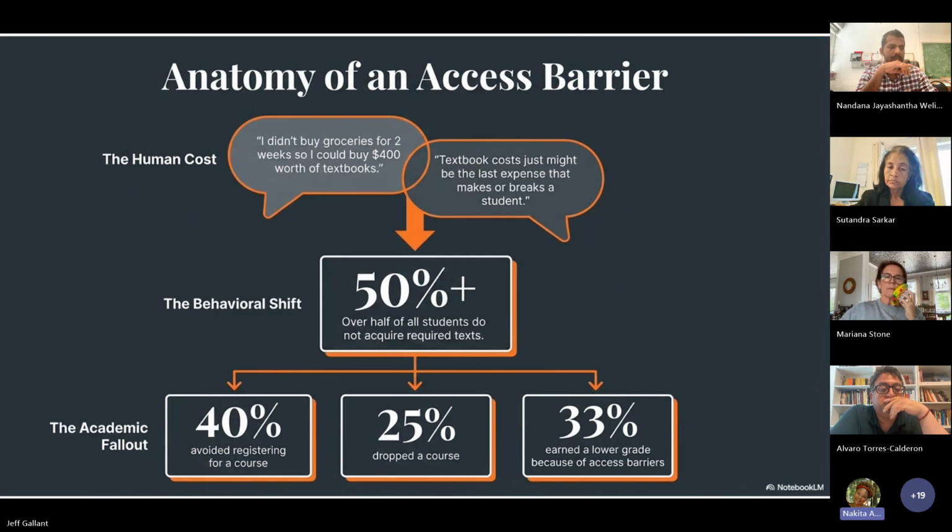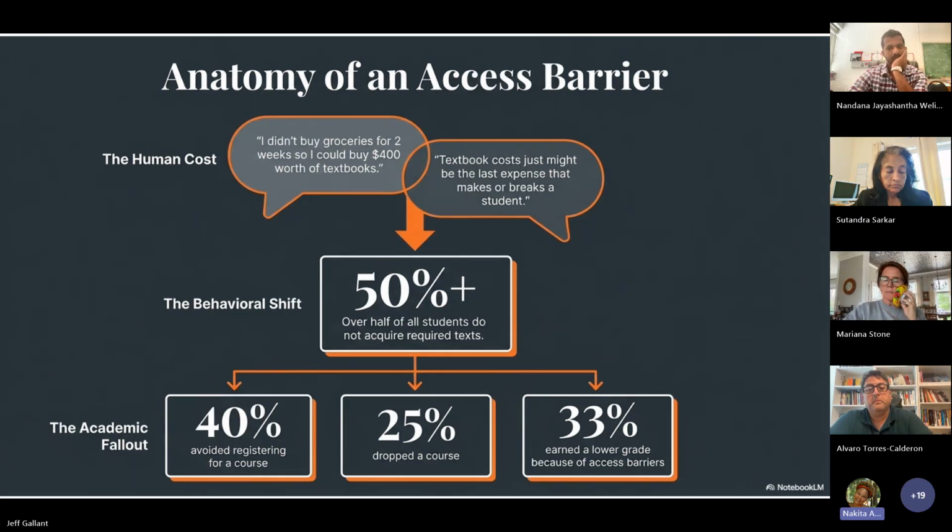These are actual things that have come through the University System of Georgia. We have taken these quotes from studies that have been done here. I think I've left off the reference list, but we have references for this information. And including the human cost, we have a behavioral shift because of that. There was a survey done at the Florida Virtual Campus over textbooks that said over half of all students do not acquire their textbooks due to the access barriers they experience.